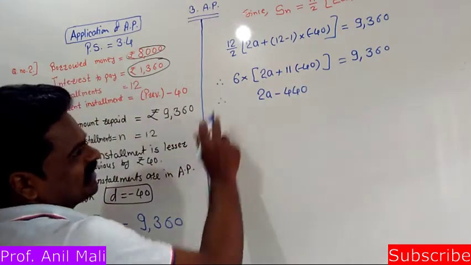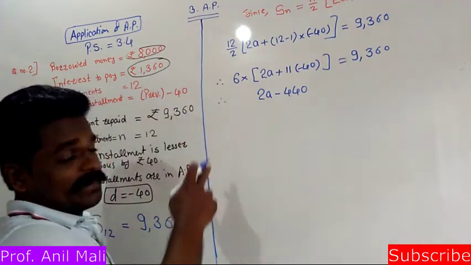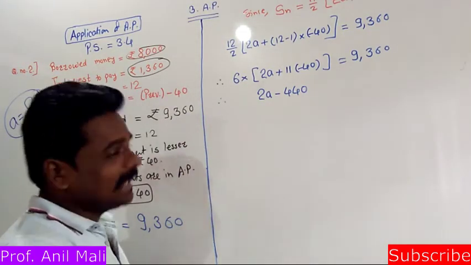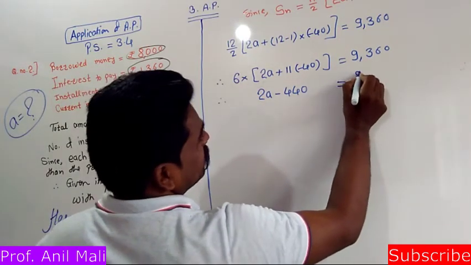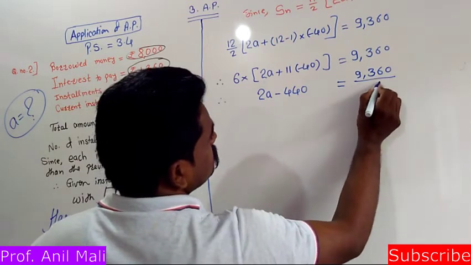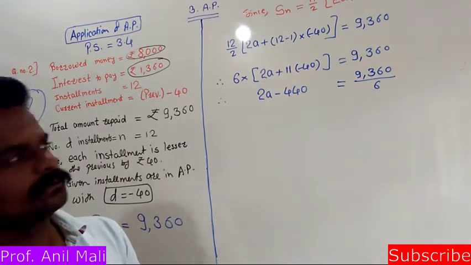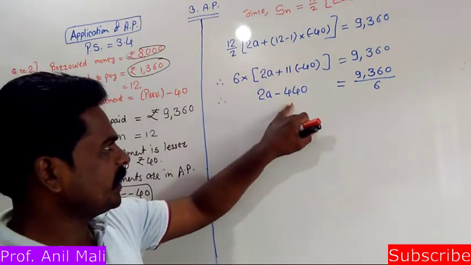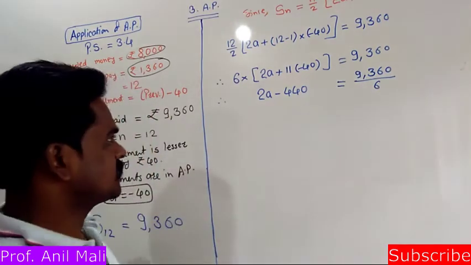Now 6 is in multiplication on the LHS, so if we shift it to the RHS, it becomes division. 9360 divided by 6. Now 2a minus 440 is equal to 9360 divided by 6.